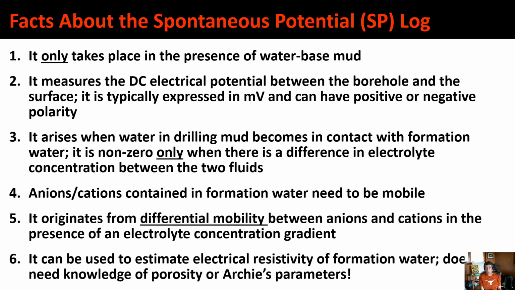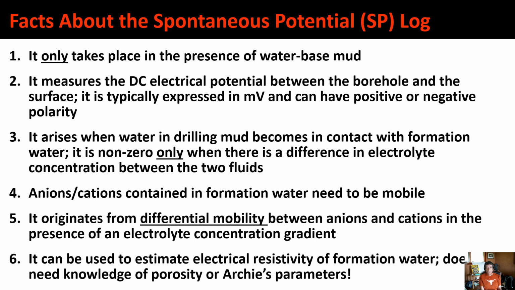The only control is the presence of mud filtrate in contact with formation water. It is formed when there's a difference in the electrolyte concentration between the mud and the formation water only, and when there's a difference in electrolyte mobility between the anions and cations that are parts of the electrolyte.